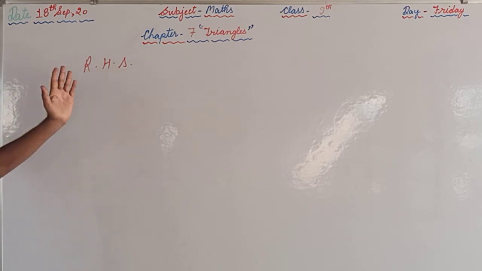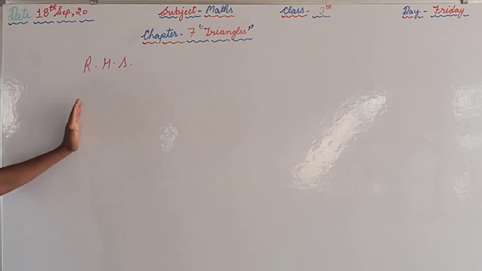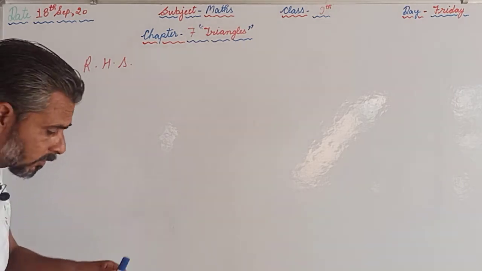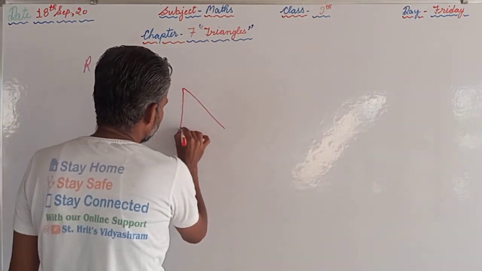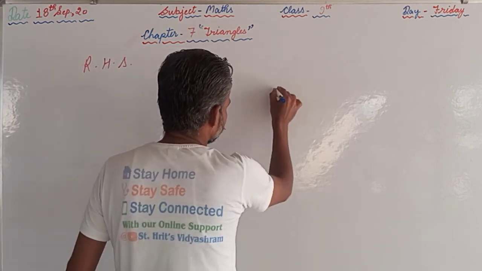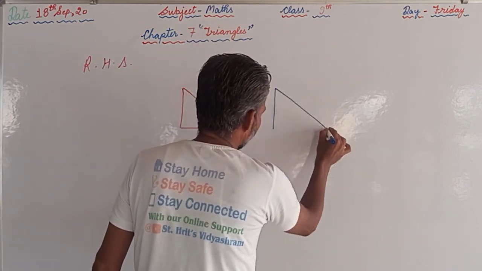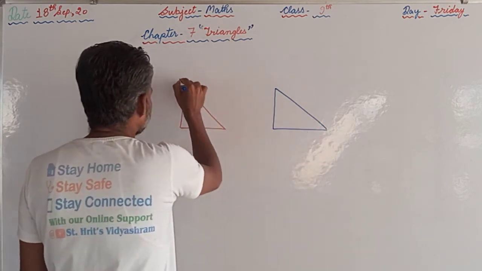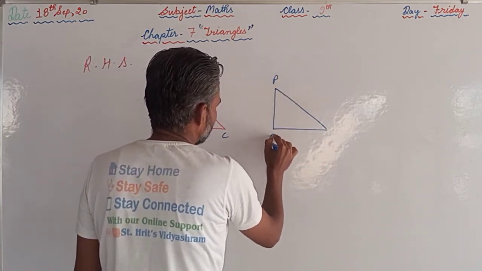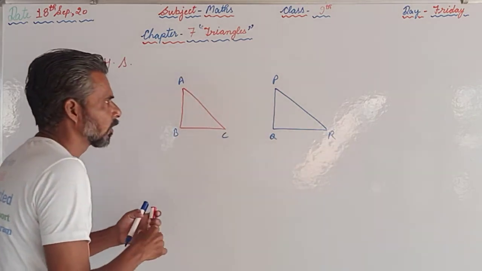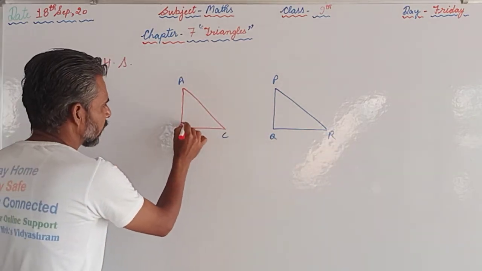As the right angle is there, that criteria is valid for the right angles only. So, in this case we will take two right angle triangles ABC and PQR. Now, both are right angle, means the 90 degree is there.